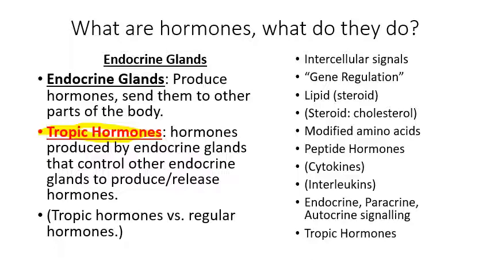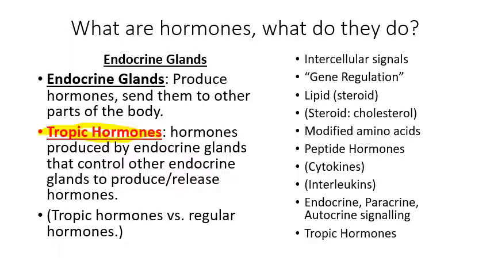Right? So, for example, the pituitary gland in the brain produces a hormone called thyroid stimulating hormone. Thyroid stimulating hormone stimulates the thyroid gland to produce another hormone called thyroid hormone.